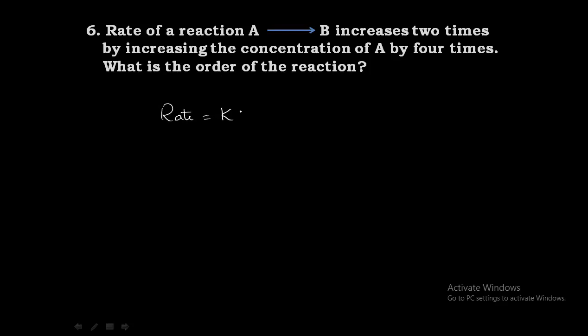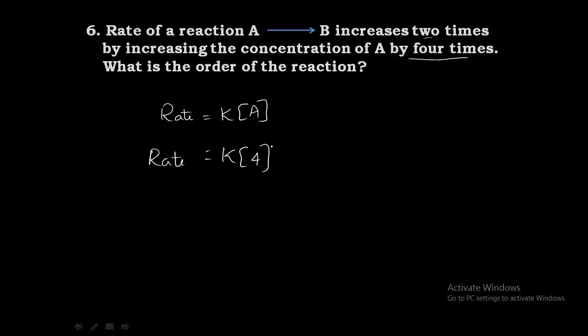Rate is equal to K into concentration of A. Only one reactant is there, that is A. Now, if we increase the concentration of A by 4 times, the rate of reaction increases 2 times. So A is increased by 4 times. Now the rate should be how much? It increases by 2 times.